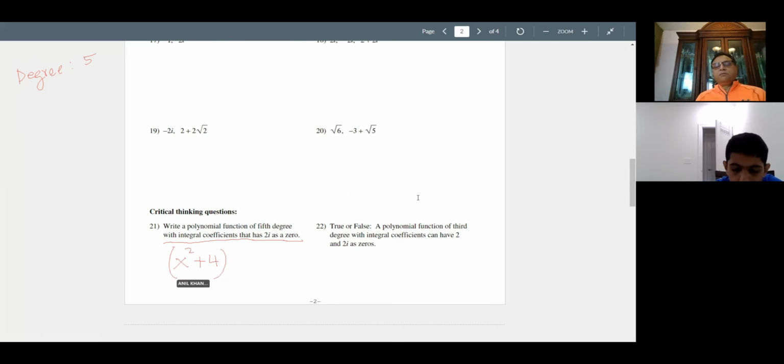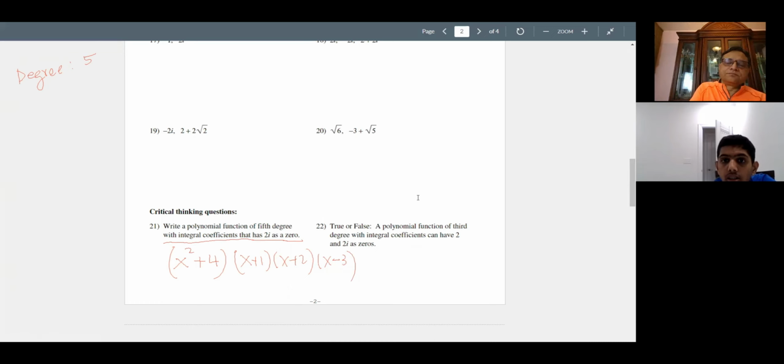That becomes definitely one factor which ensures 2i as a 0. Degree 5 you want, so you can add anything to this for degree 3. So you can have x plus 1 times x plus 2 times x plus 3, anything you could write. But the first part is important. So that becomes a degree 5 polynomial.